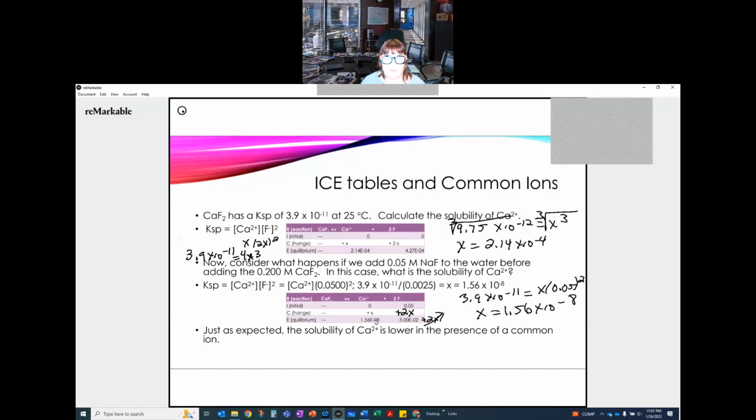This is how this new information is going to be added to our ICE tables, because now we have a concentration of F minus that comes from something else. And remember, NaF is an ionic compound. It completely dissociates to give me Na plus and F minus.